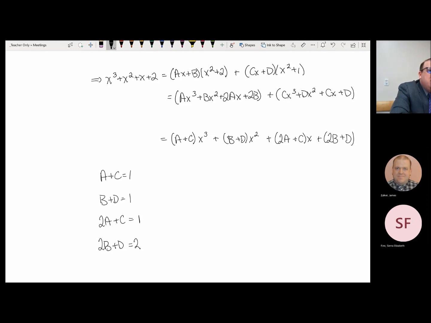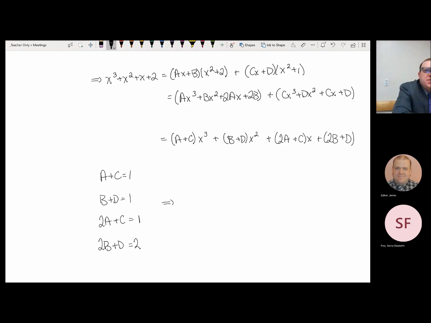We technically have 2 separate systems. We have 2 systems of 2 equations and 2 unknowns. That makes this easier to do. A plus C equals 1, 2A plus C equals 1.